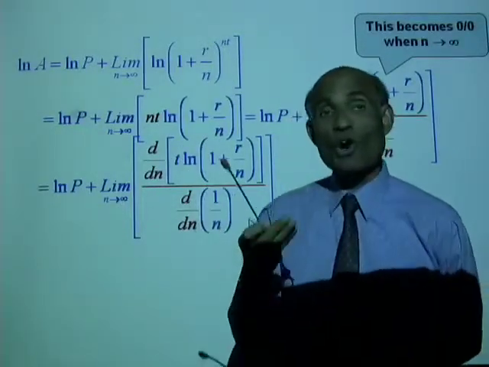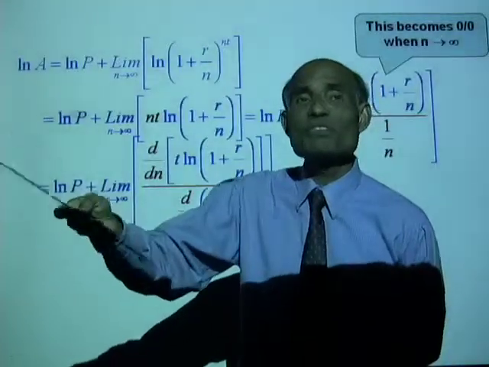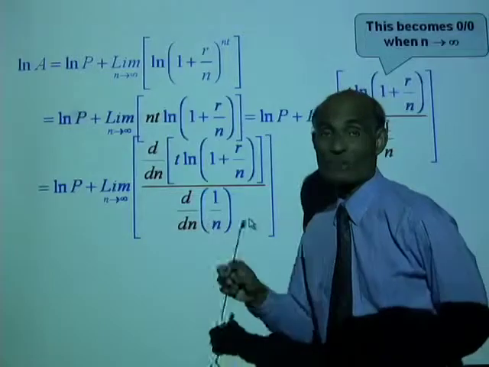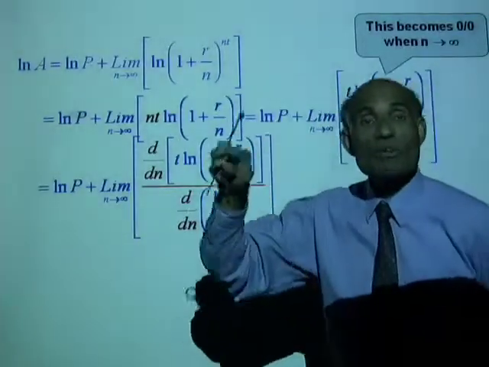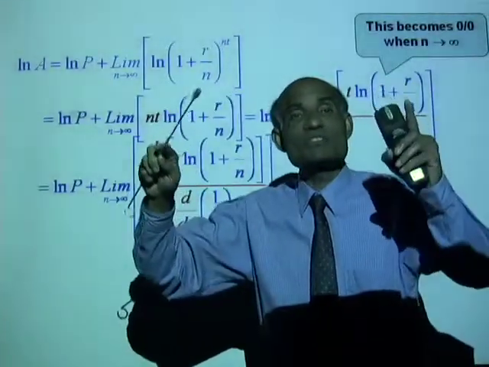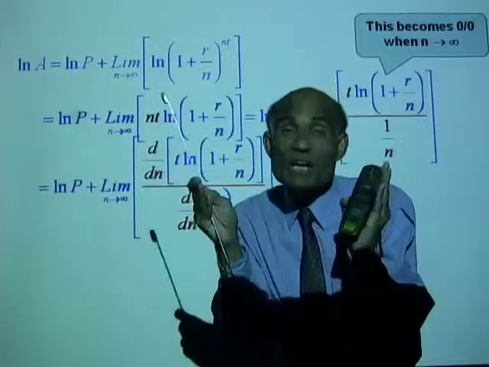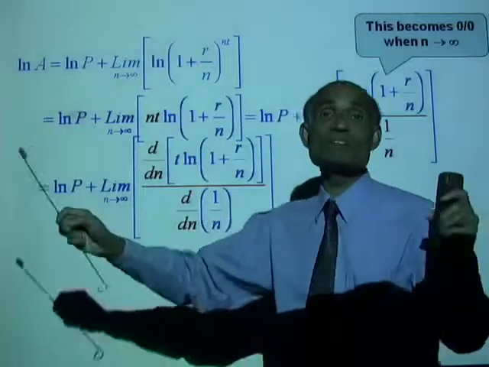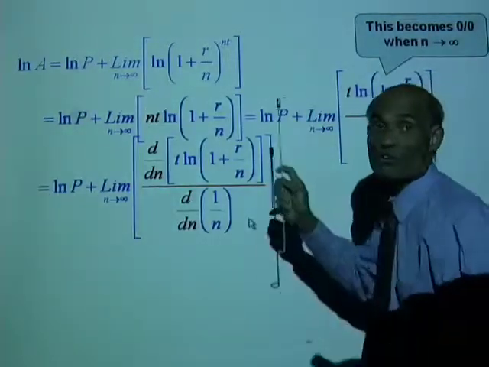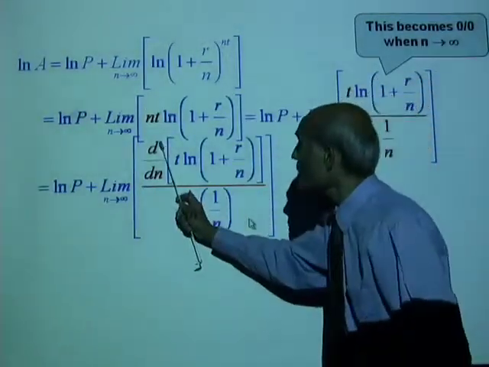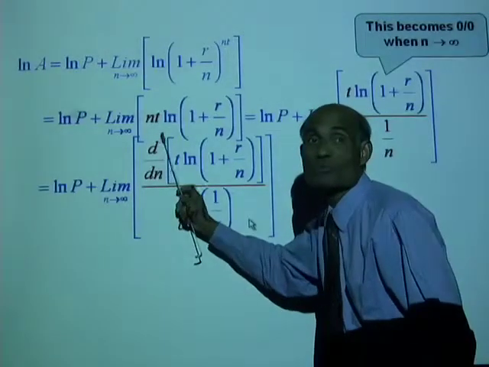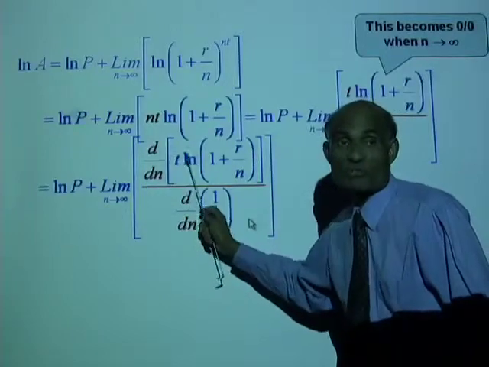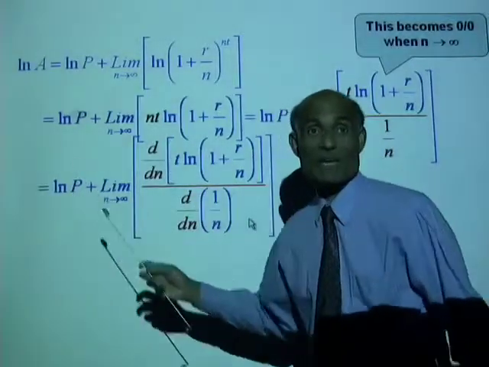Because we are looking for the limit as n goes to infinity. N is our variable, so t is not the variable. The number of years is going to remain. We're going to get the interest calculated for a given number of years when the interest is calculated continuously. So the variable here is n, not t. So we need to find d by dn, the derivative with respect to n of this quantity, not with respect to t. Therefore, t is a constant there.